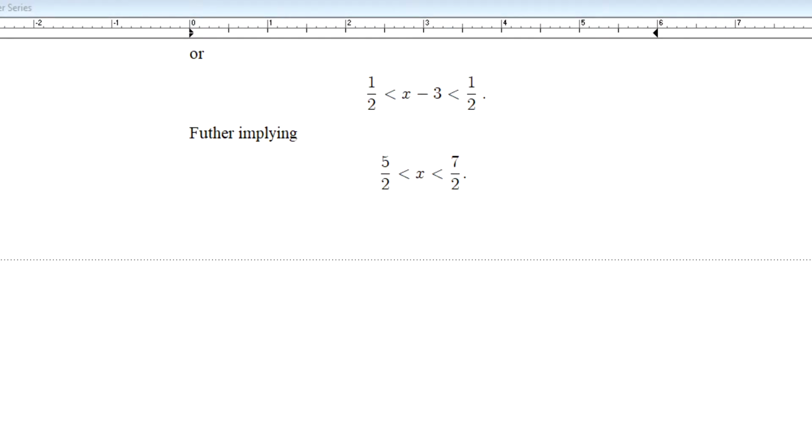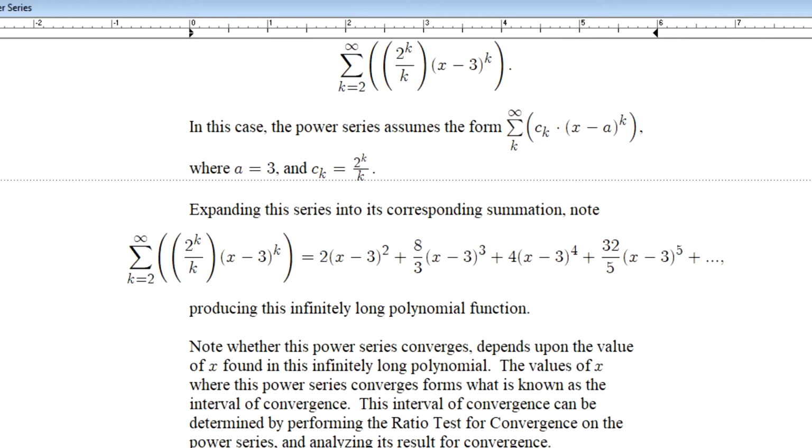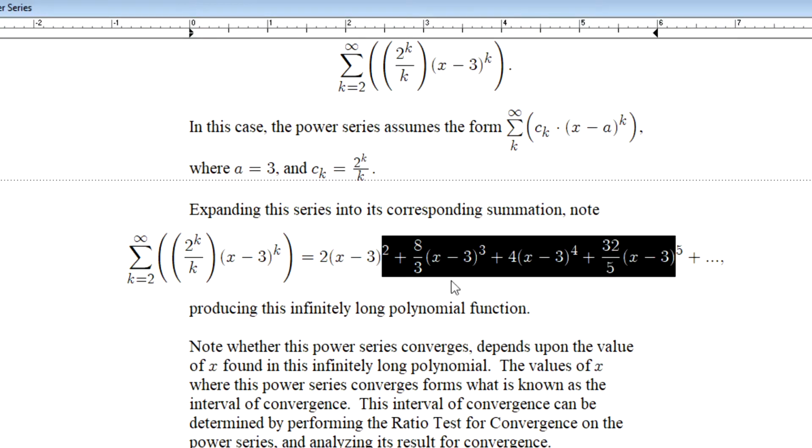Now what this is here, folks, this is the beginnings for our interval of convergence. This tells us that when x is between 5/2 and 7/2 in value, we have values of x where this infinitely long polynomial function is convergent in value.